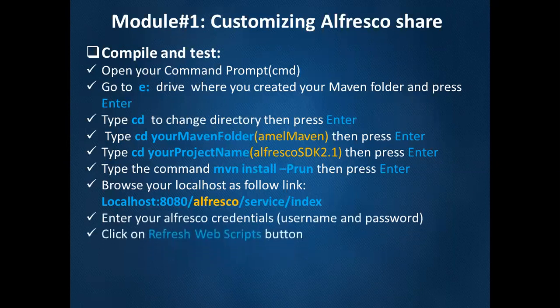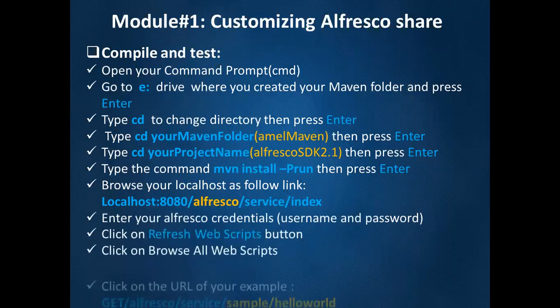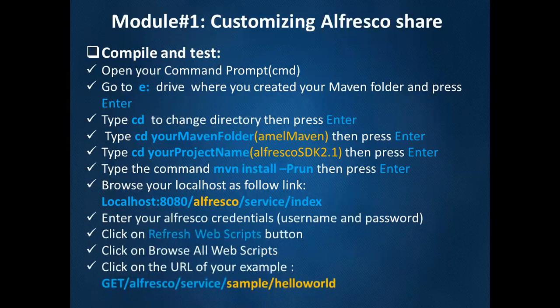Click on the refresh web script button. Click on browse all the web scripts and click on the URL of your example. When you click on all web scripts, you will find all the web scripts that exist. So you try to find this URL, get /alfresco/service/simple/hello world.